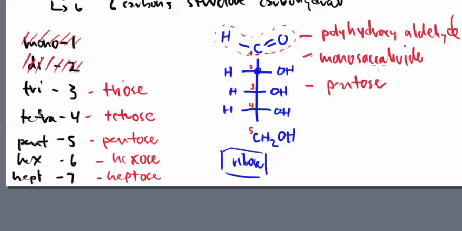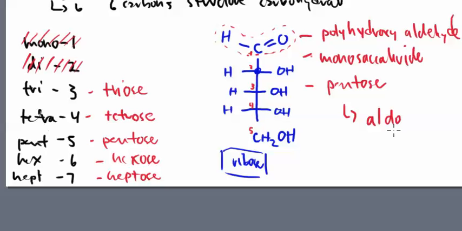I will say that this gets modified slightly, not much, but for instance here we know that it's an aldehyde form and there's 5 carbons on it, so don't be surprised if they use the prefix aldo for aldehyde, and then we put on the number of carbons that's there.